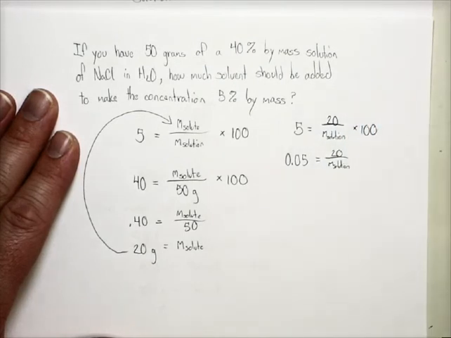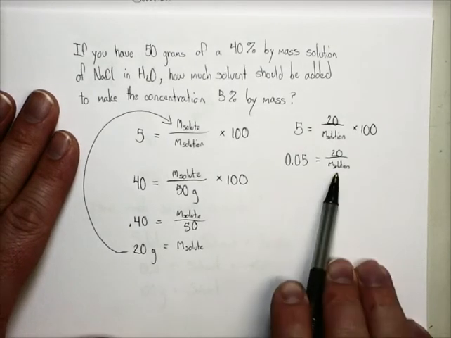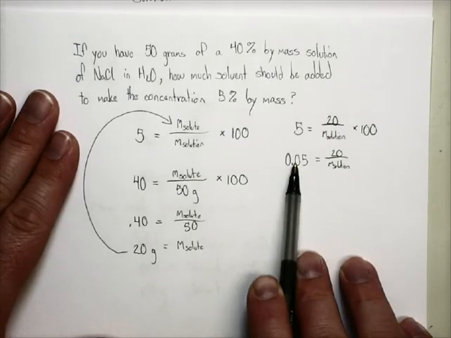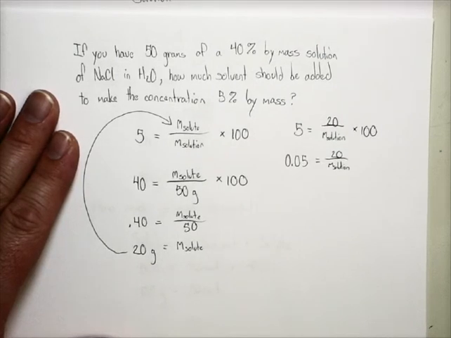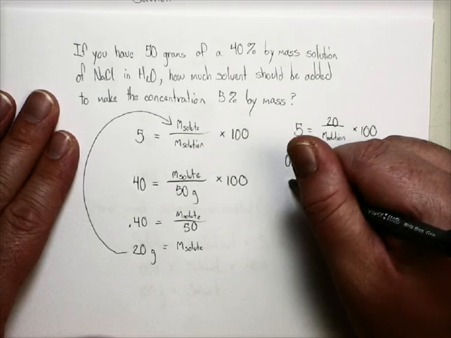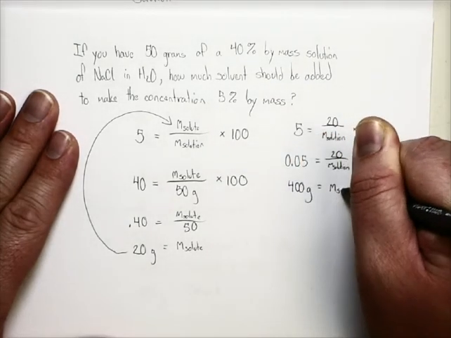If you're having trouble with the math, let me know. We can go through and work it together. We're going to multiply both sides by the mass of the solution, then divide by this 0.05. And we find that we should get 400 grams of solution.